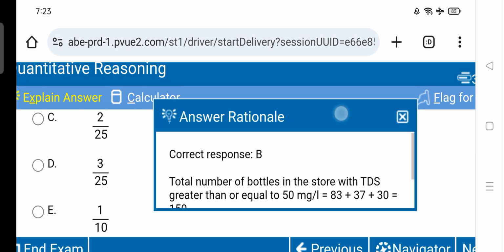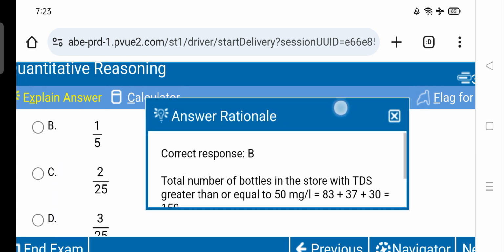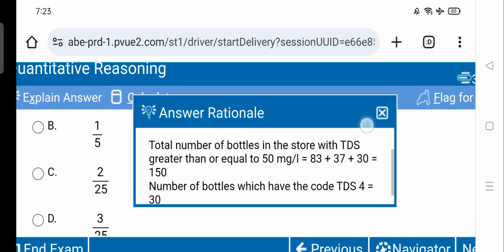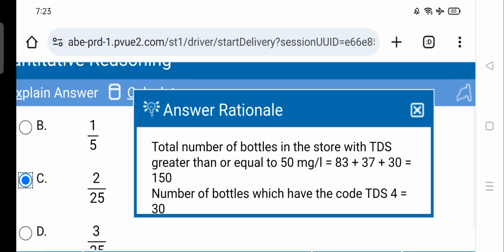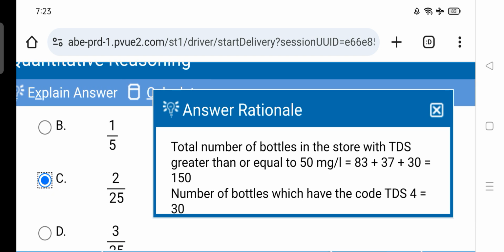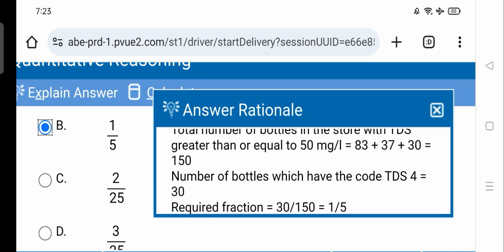The correct option is option B. The total number of bottles in the store with TDS greater than or equal to 50 milligram per liter equals 83 plus 37 plus 30 equals 150. The number of bottles which have the code TDS 4 equals 30.